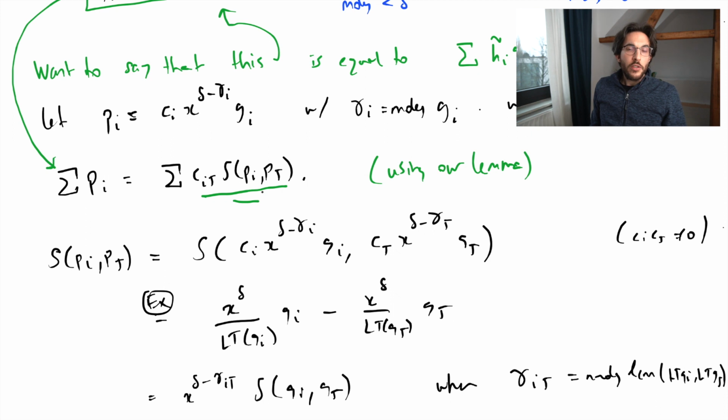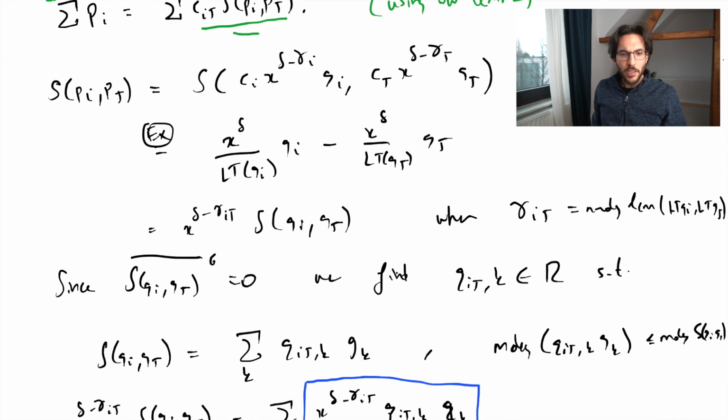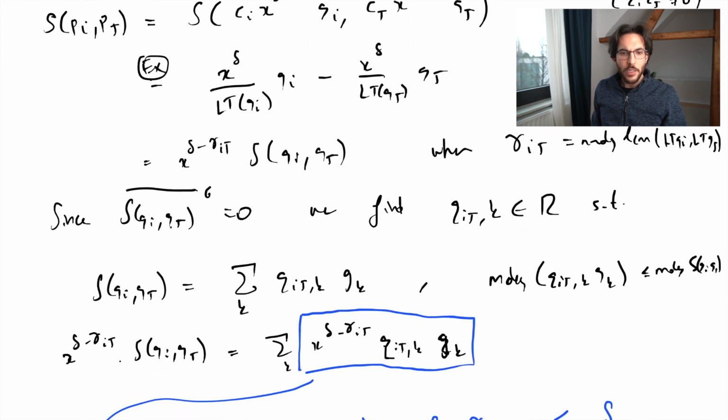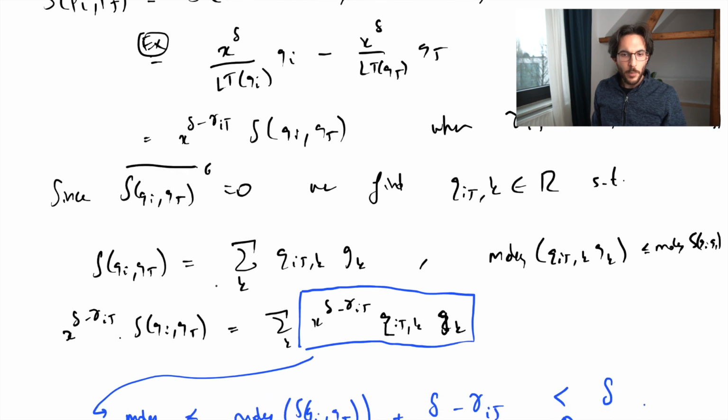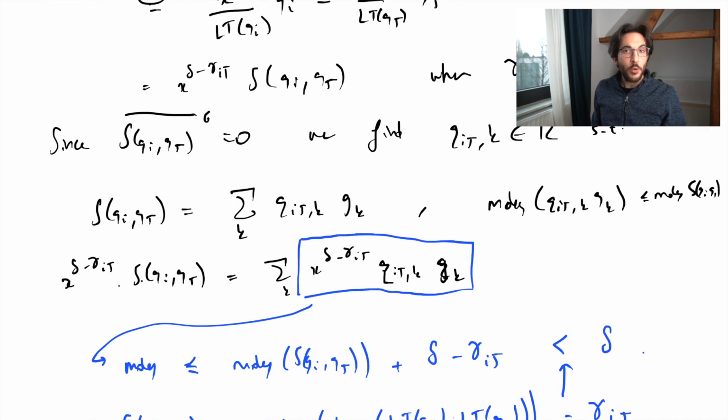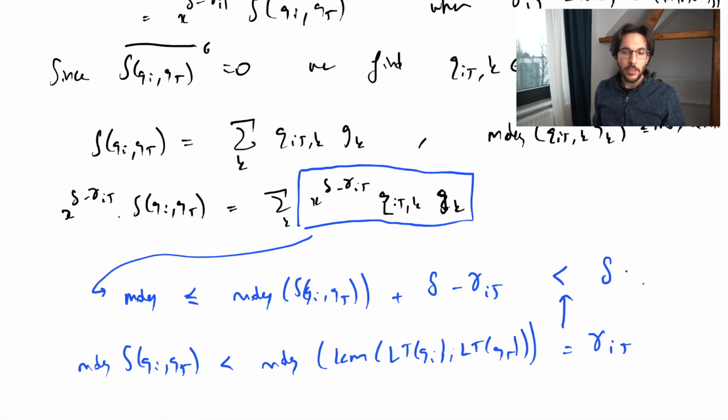Now our goal is just to show that each of these summands, so each of these S-polynomials, can be written in terms of g's, where each term has multidegree less than delta. And then that's exactly what we did. We used the fact that each of the S-polynomials of g_i's and g_j's reduced to 0 to cook up this expression where the S-polynomials of p_i, p_j, that's what this is, can be written in terms of g_k's, where each term has multidegree strictly less than delta.